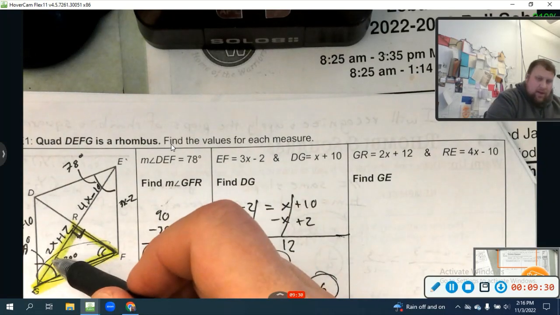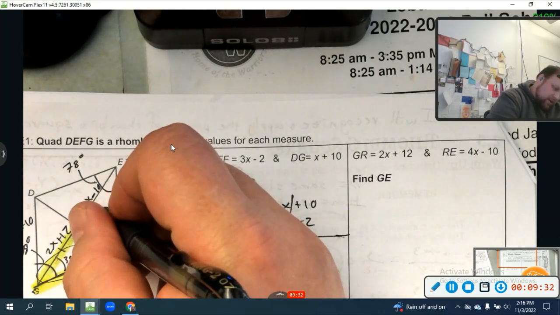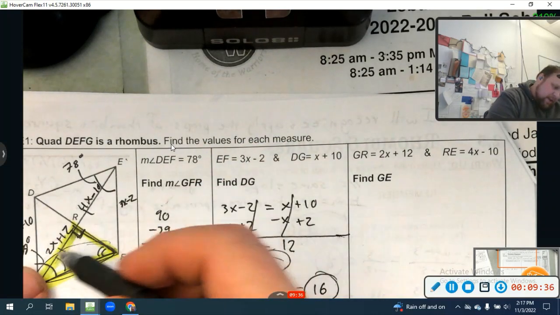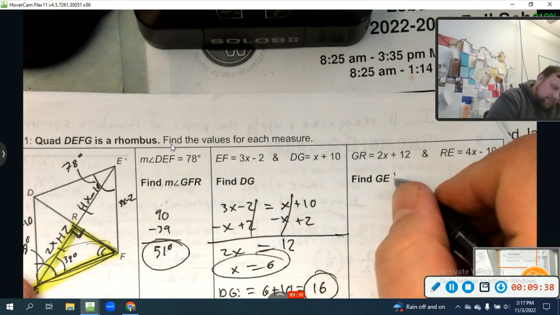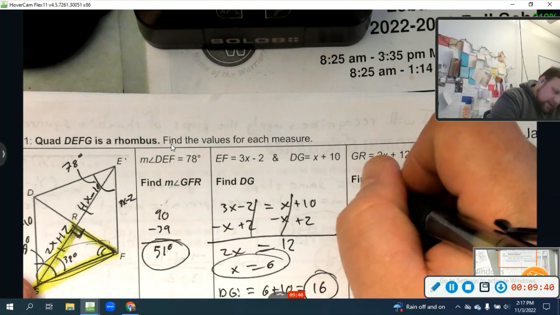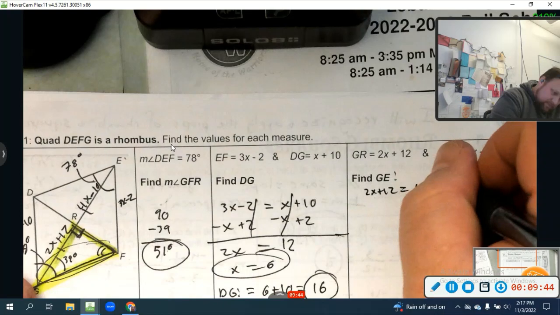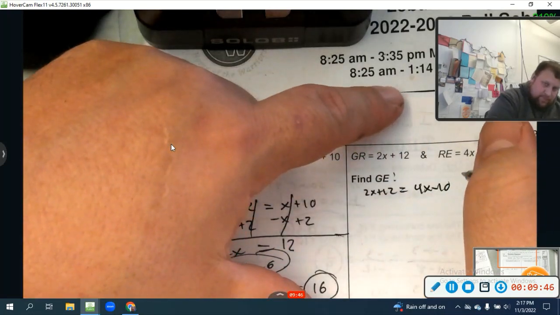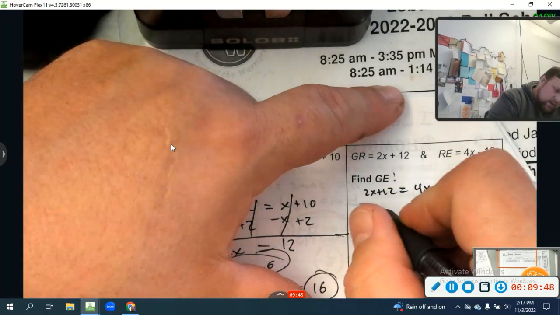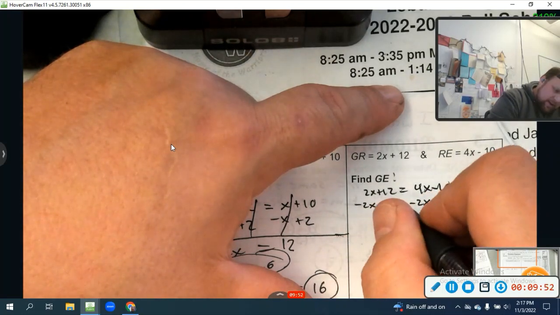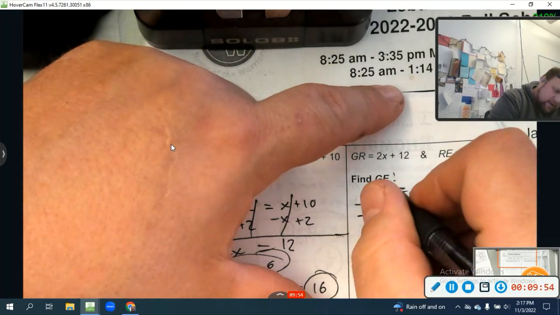So first of all, I know that these lines are congruent to each other. They're just cut in half. The whole GE was just cut in half. So I'm going to set them equal to each other. 2x plus 12 equals 4x minus 10. So I'm going to subtract 2x from both sides and add 10 at the same time.